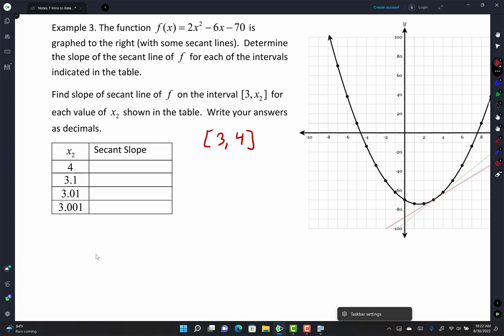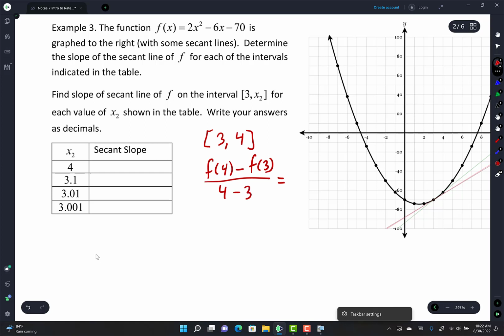Don't worry, we're all going to follow along with the calculator. I'm going to go f of 4 minus f of 3 divided by 4 minus 3. And I'm going to write what that slope is.